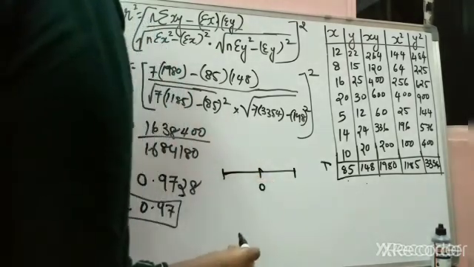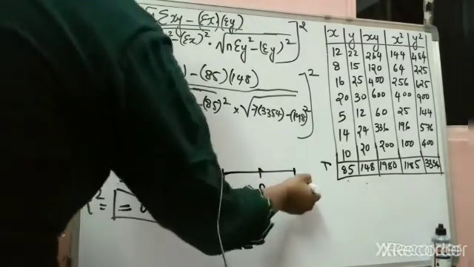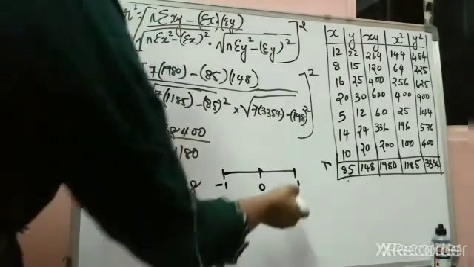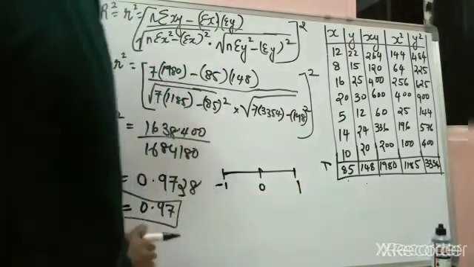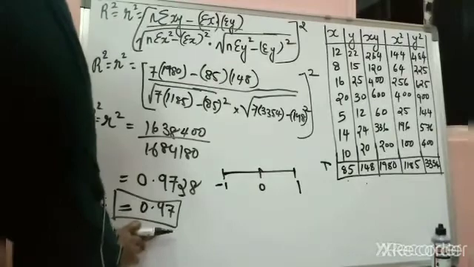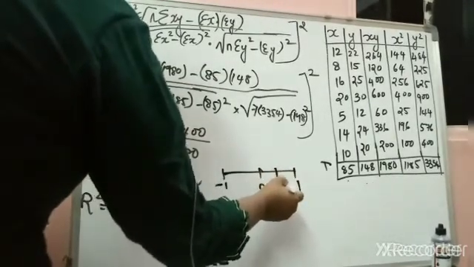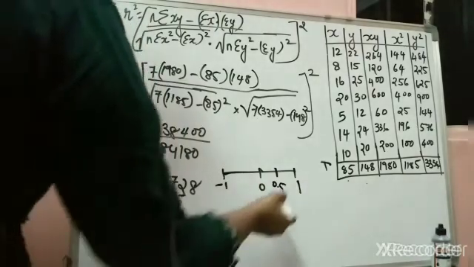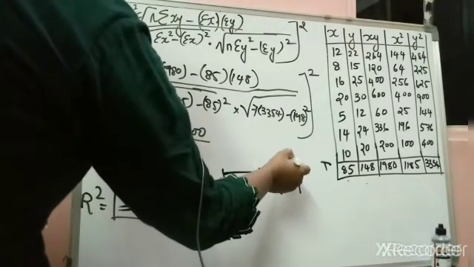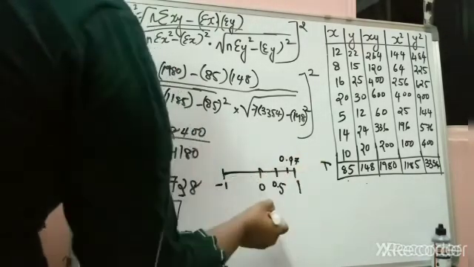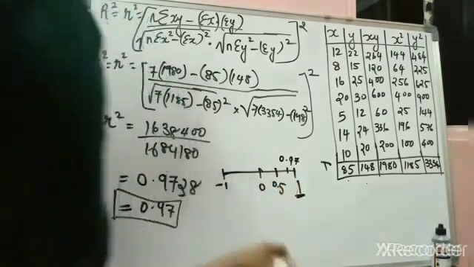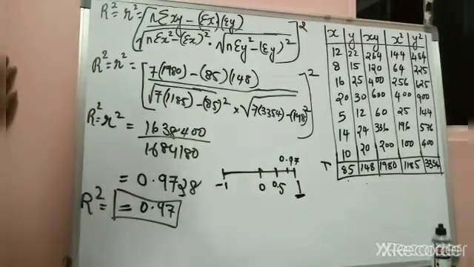In the center we have 0, over here -1, over here +1. Clear? So where would my 0.97 be? If this is the center, then this would be positive 0.5. So around here it would be my 0.97, which is much nearer to number 1. Clear? So we can say that r square is very near to 1.